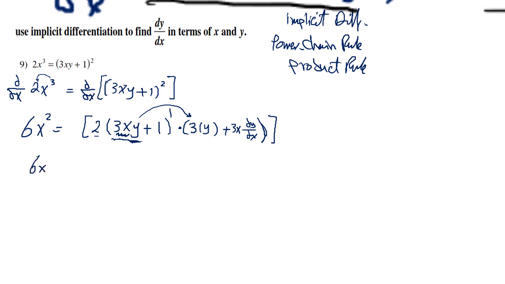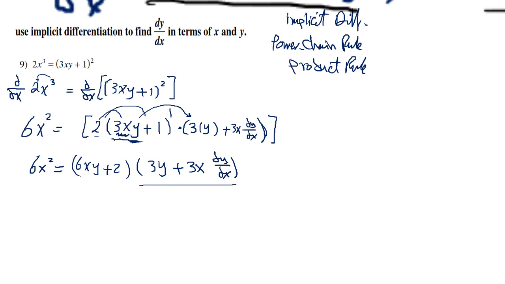So 6x^2 is equal to, let's expand this one, I can write it as (6xy + 2) multiplied by (3y + 3x dy/dx). I want to keep this in one term, so I will divide both sides by 6xy + 2, this term here.